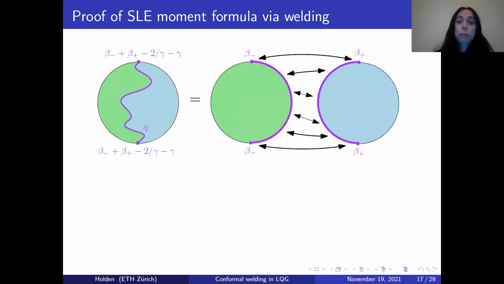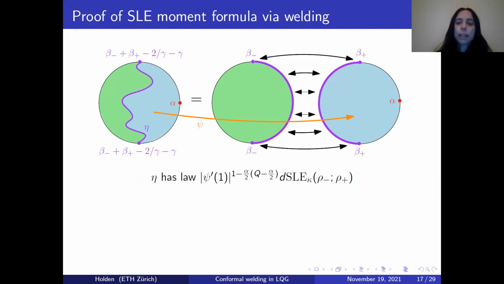As mentioned before, the starting point of our proof is the conformal welding result that I presented earlier. We're actually applying a slightly more general variant of this conformal welding result. We're considering the case when this blue disk has an extra alpha log singularity at the point 1. So this conformal welding is still well defined, and the resulting disk is exactly the same disk as before, except that we have this additional logarithmic singularity again at the point 1.